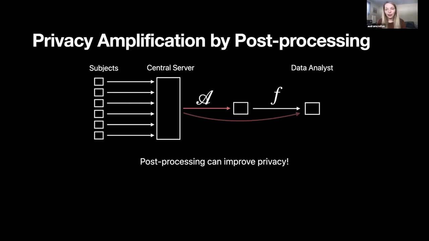Examples on the extreme: if f is a constant function that ignores the input, then obviously it produces a zero differentially private mechanism. And if f is the identity, then it doesn't do anything. It doesn't improve your privacy at all.